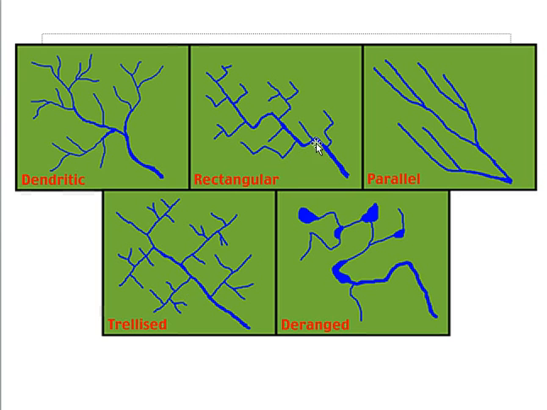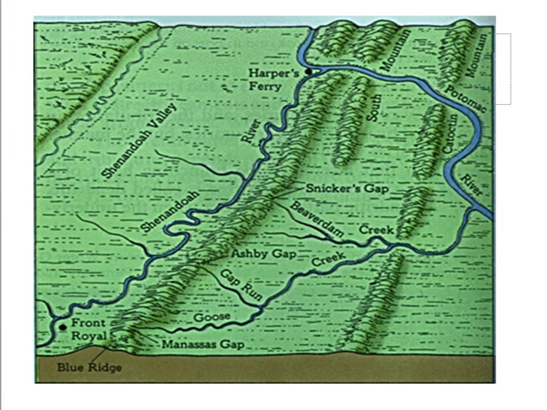Rectangular has, you can just imagine, vertical and angular cracks in the rock that help support the flow of river systems. Here is an example of the Blue Ridge Mountain system that is folded, and you would tend to see trellis type drainage patterns there.